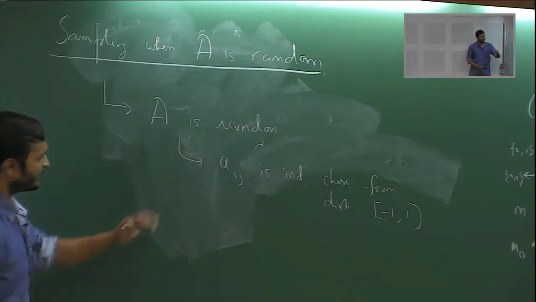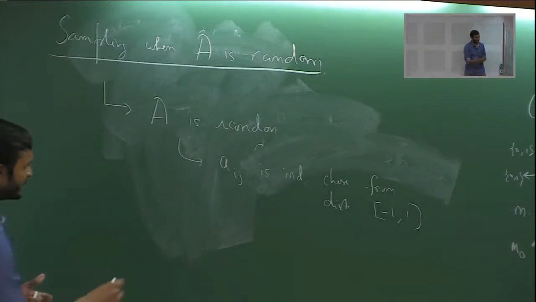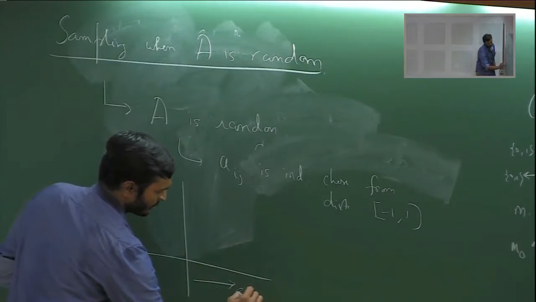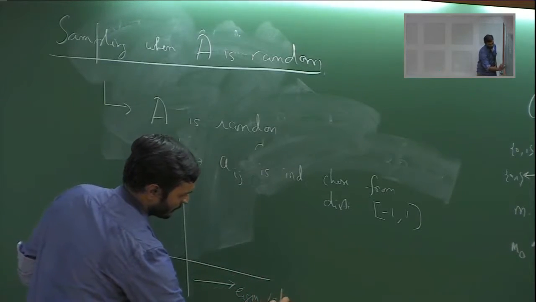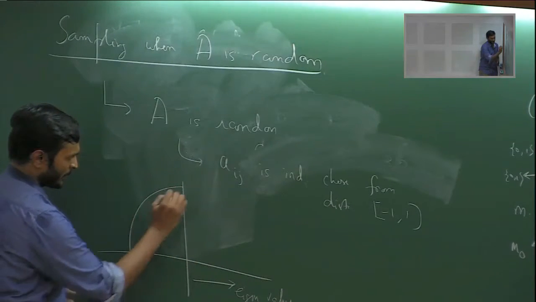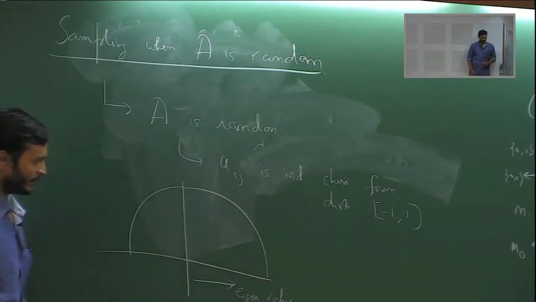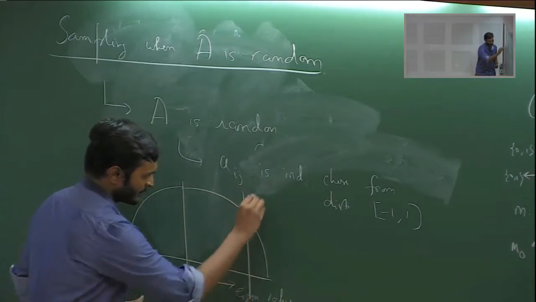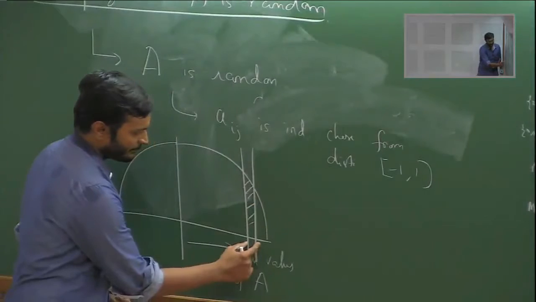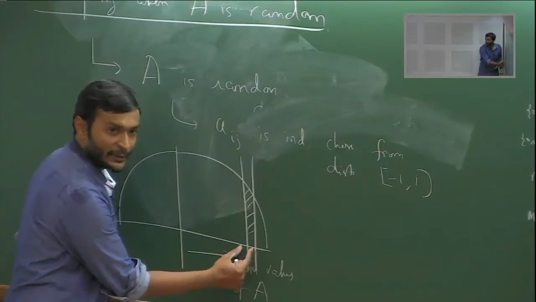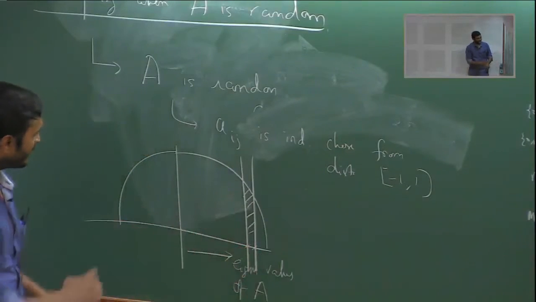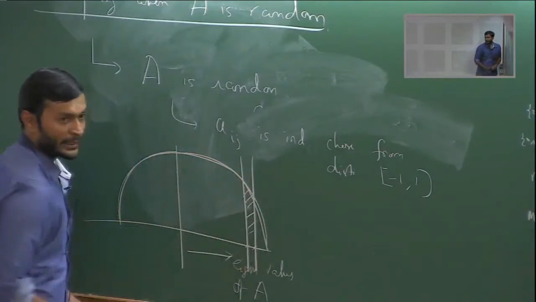When A is random, what we can show using random matrix theory is that if you plot the eigenvalues of A, then the number of eigenvalues whose value falls in a particular range like this is just the area under this particular curve. This has a specific name.